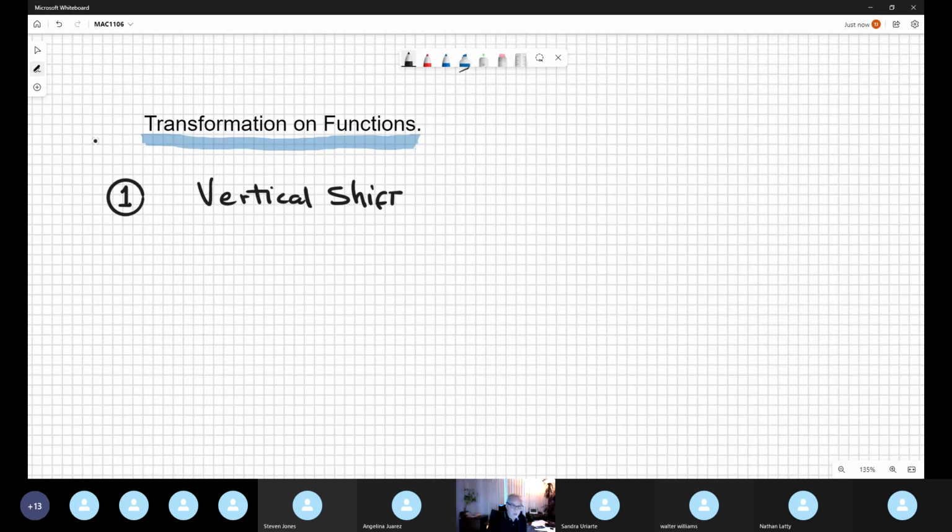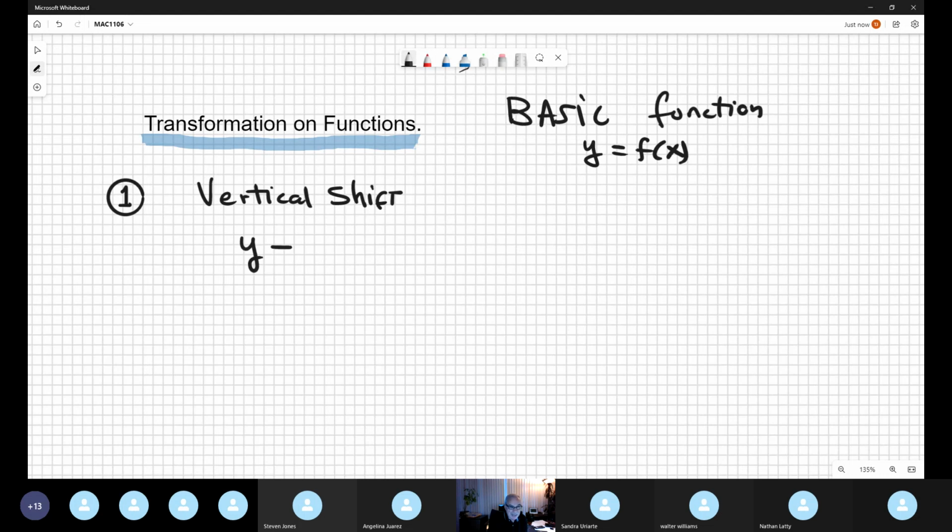Okay, what is that? Suppose that we have one basic function, that is the function without transformation. However, you are doing some elementary transformation. That is, you are adding plus a in that part.